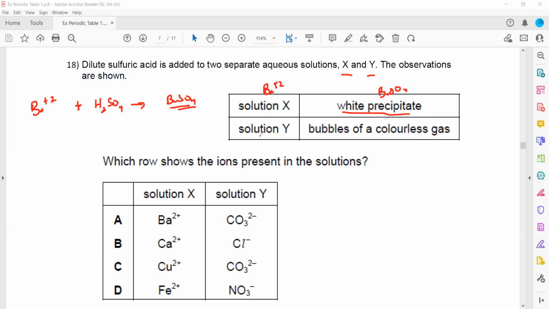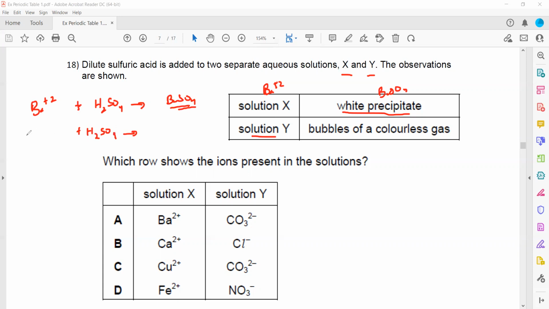And when we add acid to solution Y, bubbles of colorless gas form. Acid can give out a gas in two ways: acid reacting with a metal gives hydrogen gas, and acid reacting with a metal carbonate gives carbon dioxide.